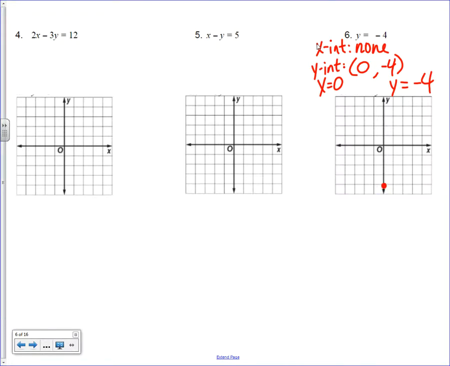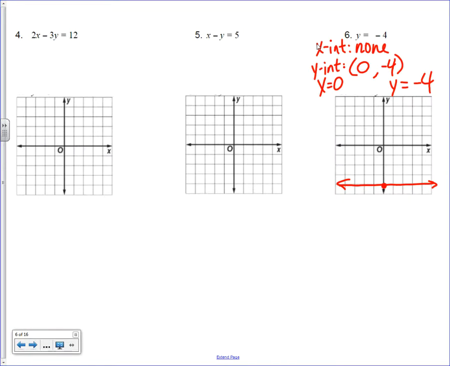Now, folks, we said there wasn't an x, so it can't cross the x, correct? How am I going to draw this so it never crosses the x-axis? Well, if I draw it straight up, doesn't it cross the x? I'm going to draw it horizontally, side to side. You're good now? Okay. Good then, right?